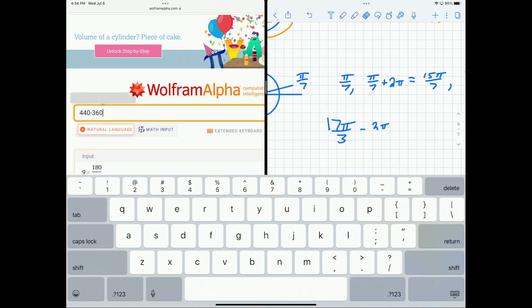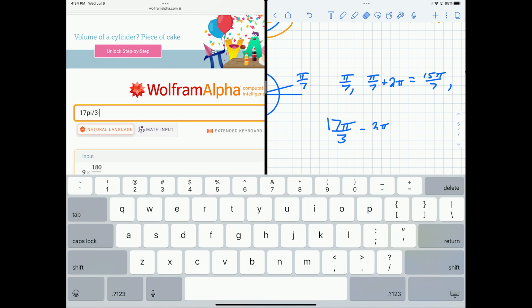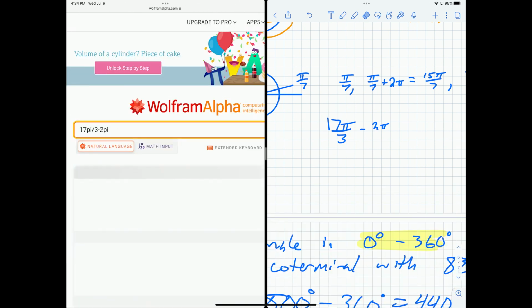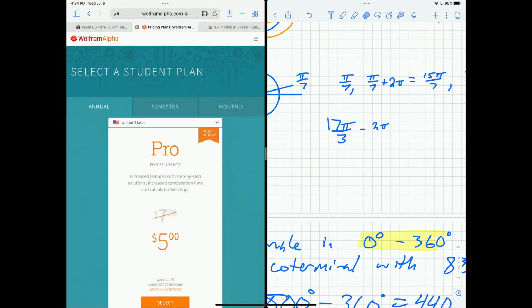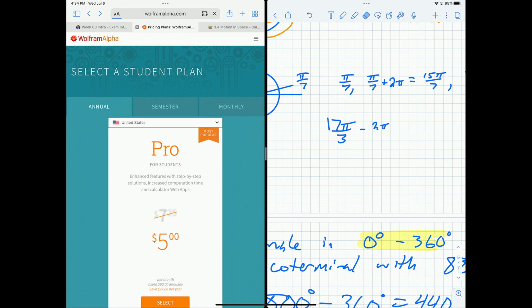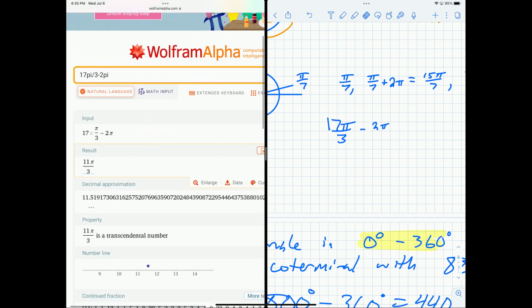So 17 pi over 3 minus 2 pi. I want an exact answer, so I have to hit enter. So you get 11 pi over 3.